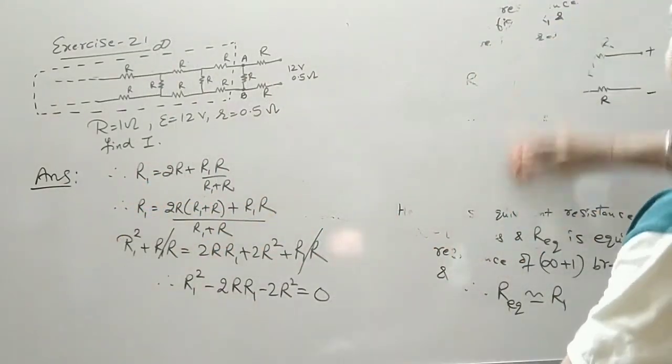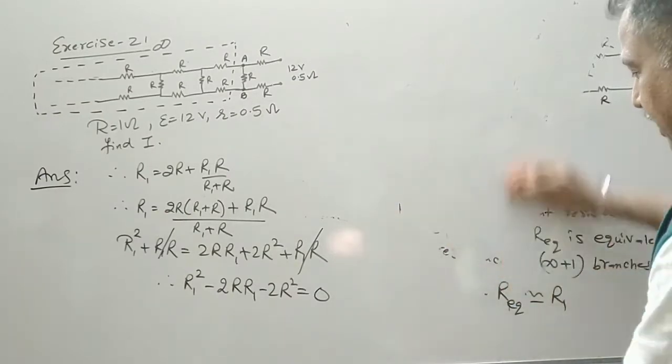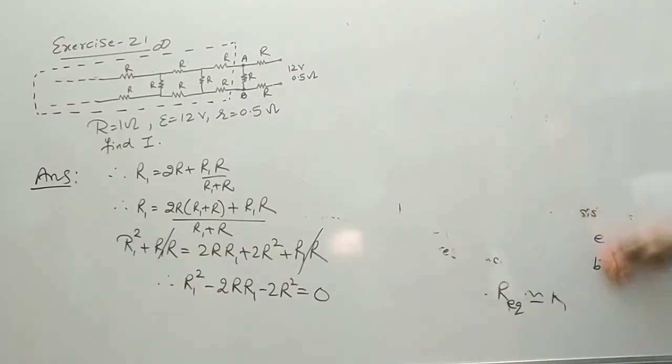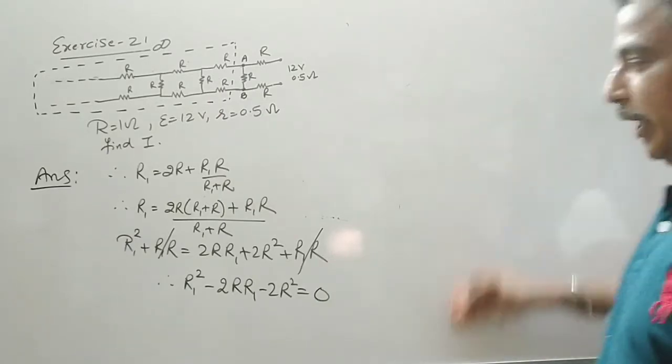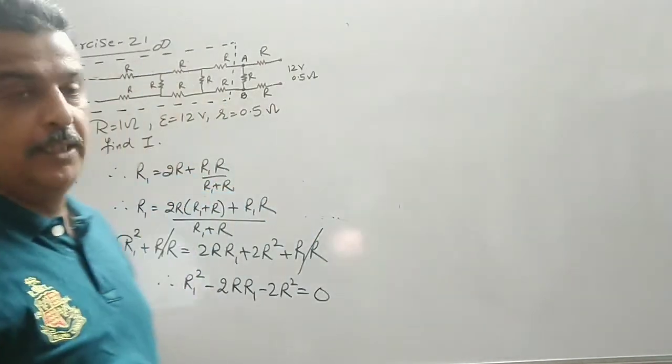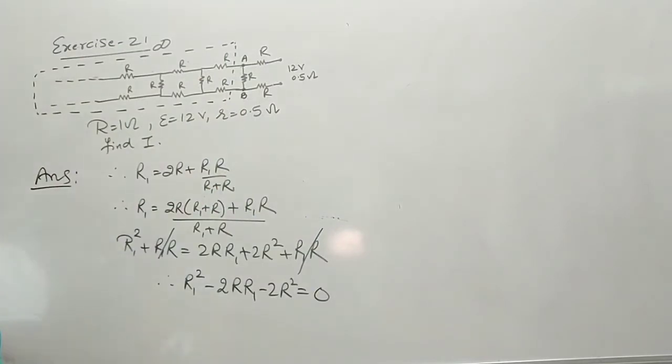So either you factorize this equation, or if you find difficulty in factorizing this equation, you can use the discriminant method. That is, I have to find out the roots. So I can use the discriminant method, that is minus b plus minus under root delta upon 2a.